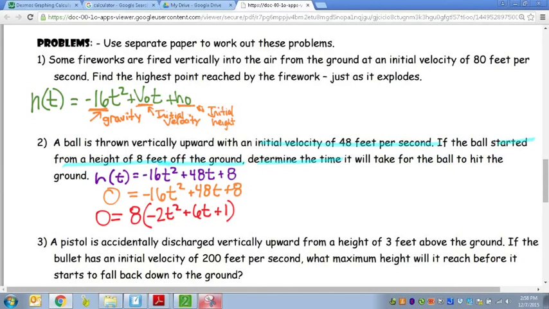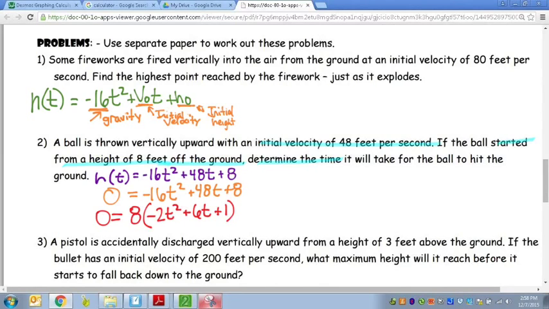Well, I could try to complete the square, but unfortunately there's a number in front of t squared, and the 6, that just looks confusing. I don't want to have to complete the square. Can't do square roots, so the only other option is the quadratic formula. So that's what we got to do. Okay, here we go. Hopefully you all remember the quadratic formula.